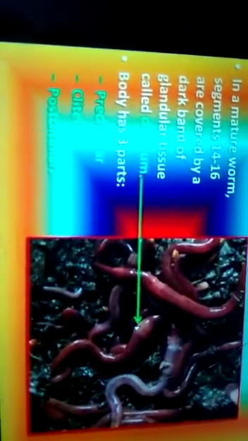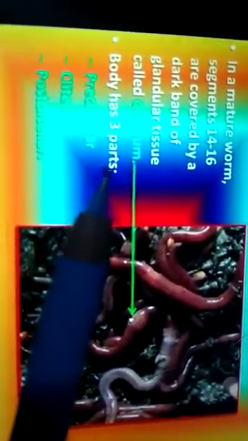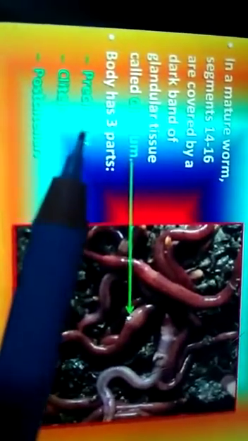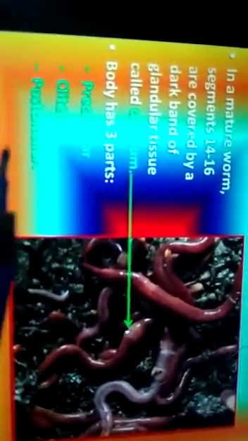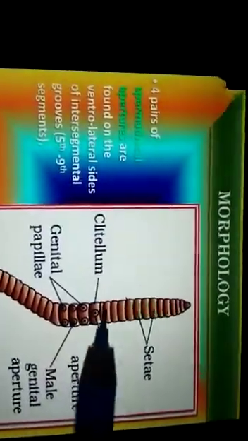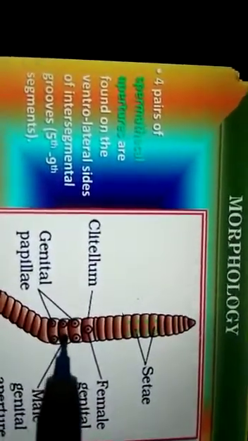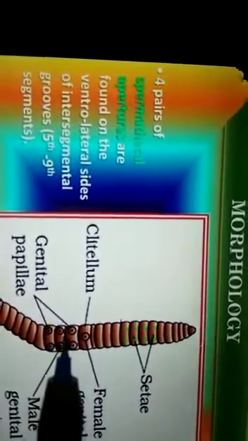Based on the presence of the clitellum, the earthworm body is divided into 3 regions: preclitellar, clitellar, postclitellar. The clitellar region is 14 to 16, the thickness of the band.